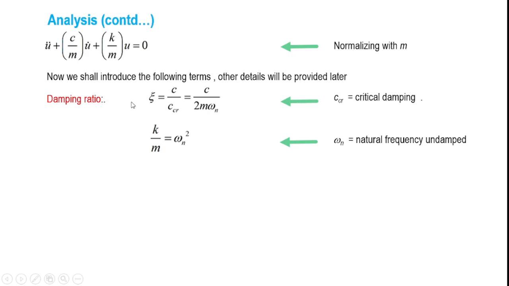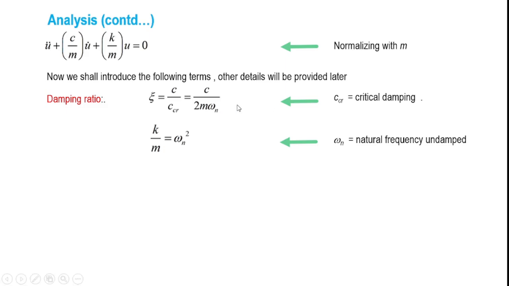We introduce the damping ratio, represented by the Greek letter zeta, equal to the damping of the system divided by the critical damping c_cr, that is c divided by 2m omega n, substituting for the critical damping. We will of course discuss the implication of the damping ratio zeta as well as the critical damping c_cr on the response of the system in the coming pages.